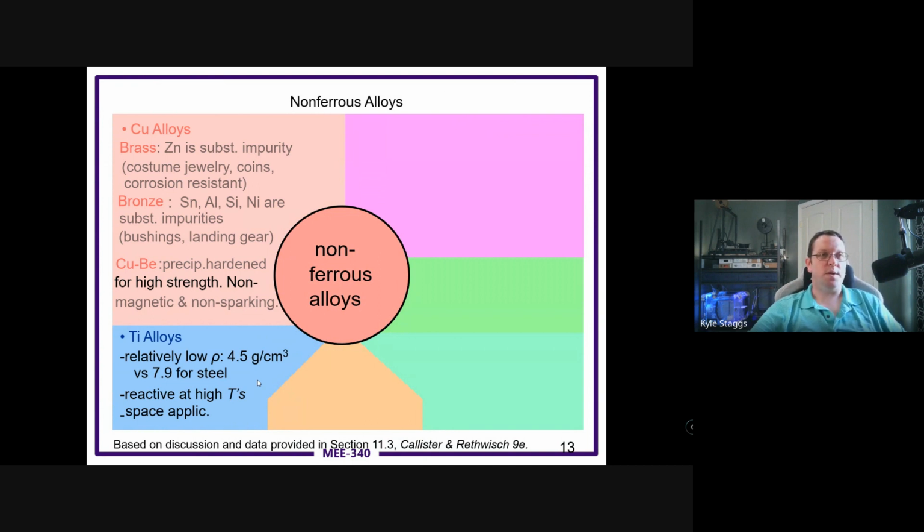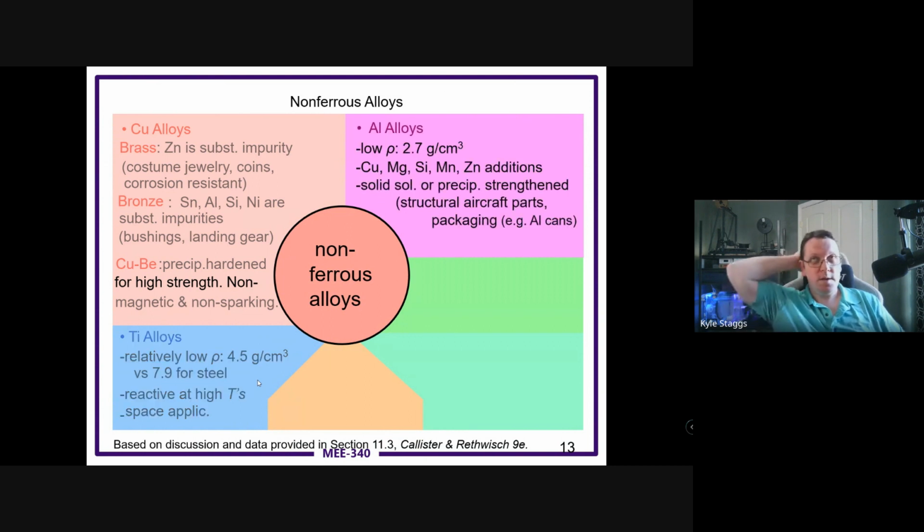We also use titanium alloys, titanium carbide, for instance, as coatings for some of those tool steels and various cutting tools. Or even more common than that is titanium nitride. So nitrides tend to be some of the hardest of the coatings.